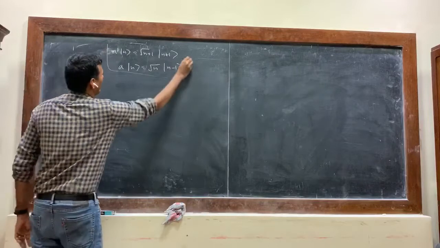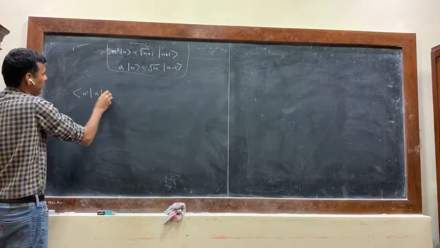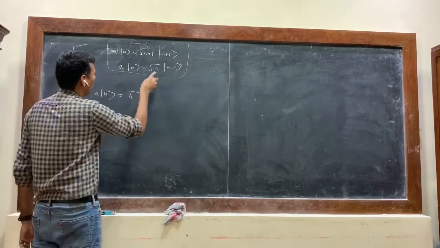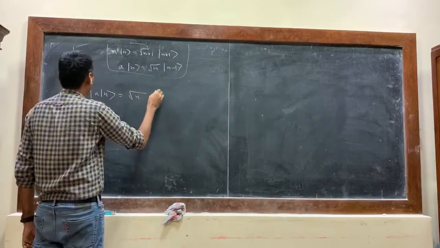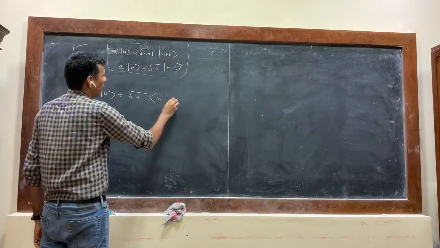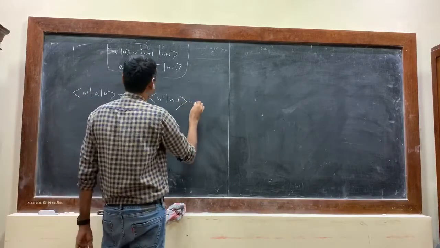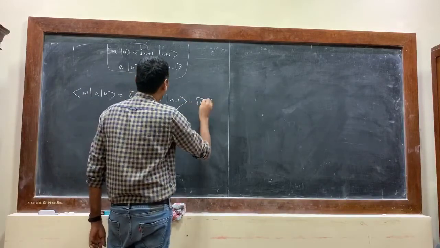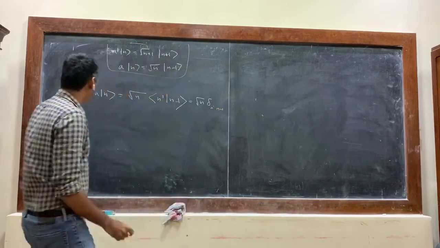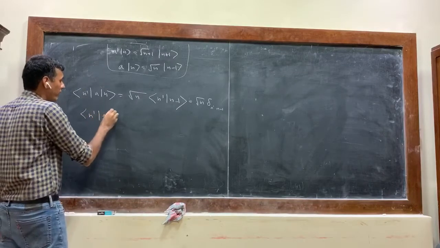Now let's evaluate the matrix element ⟨n'|a|n⟩, which is equal to square root of n times ⟨n'|n−1⟩, which is square root of n times delta n' n−1. Similarly, you can evaluate ⟨n'|a†|n⟩.